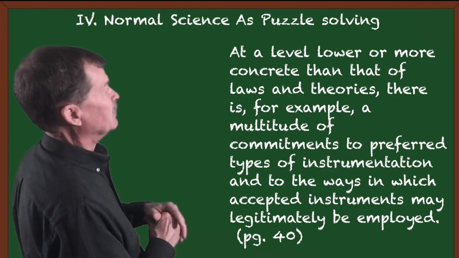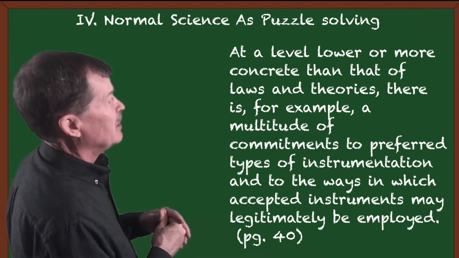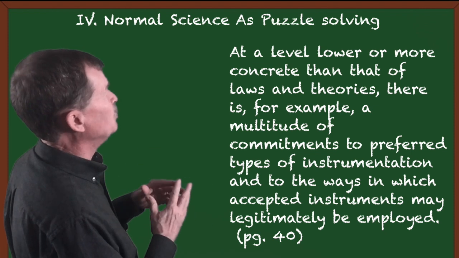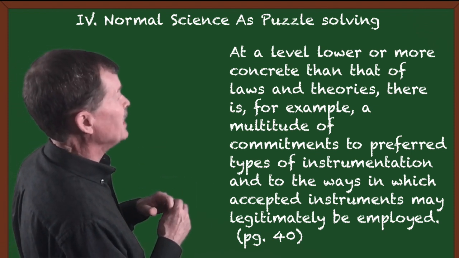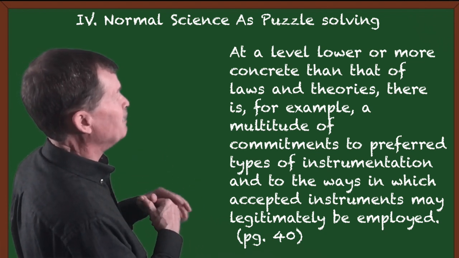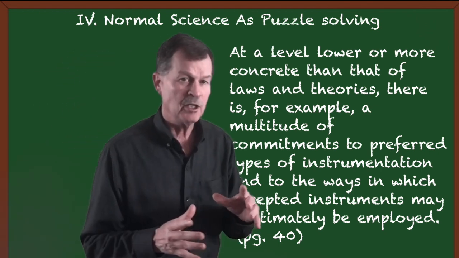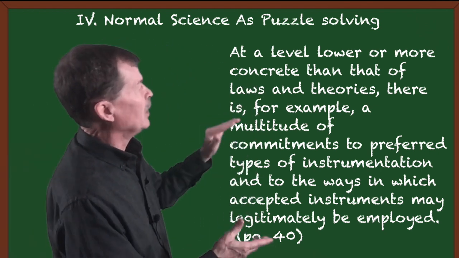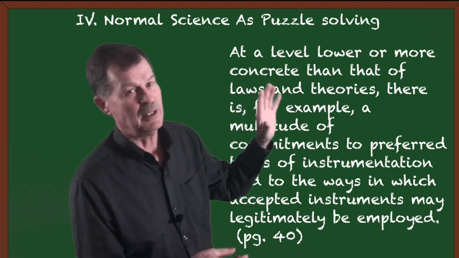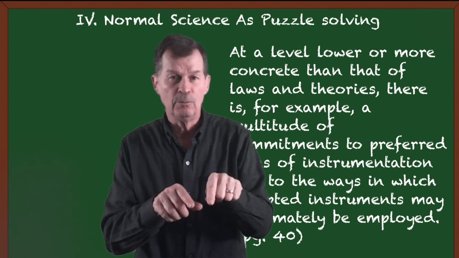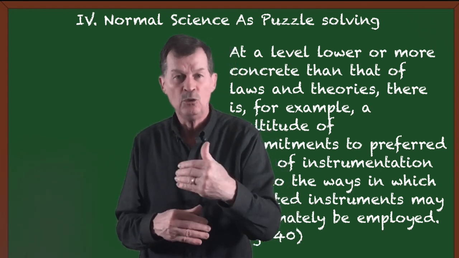At a lower level, or more concrete than that of laws and theories, there is, for example, a multitude of commitments to preferred types of instrumentation and to the ways in which accepted instruments may legitimately be employed. So we're talking about that at a lower level, there are rules, there are laws, and there's a multitude of commitments that limit what instruments can be used and how you can use them.